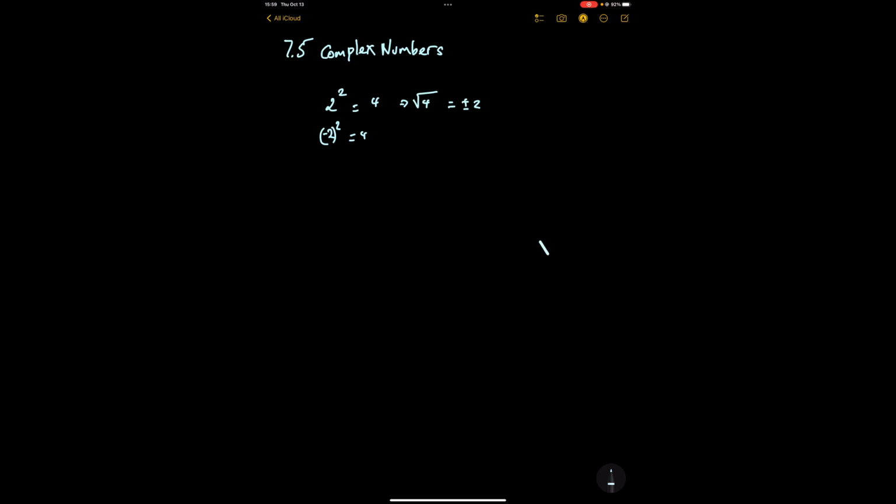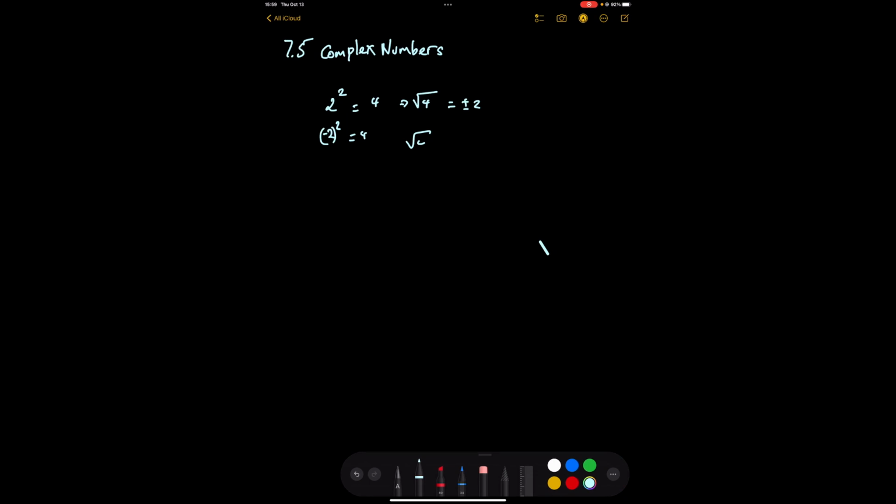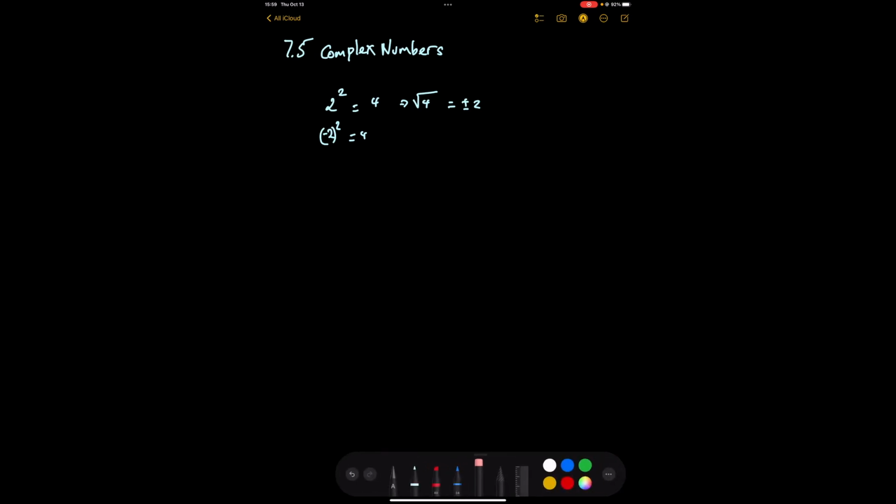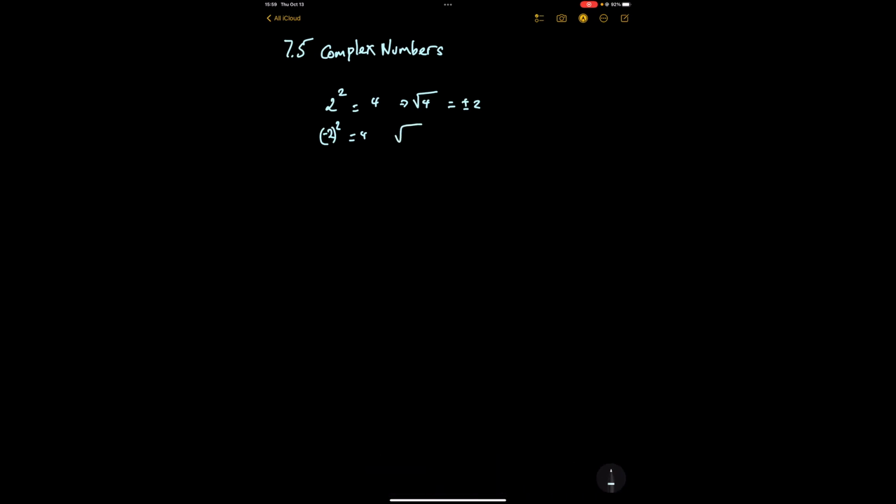But the funny thing is, you cannot take the square root of a negative number. Why? Because that's why it's called square root. When you square 2, you get a positive 4. When you square negative 2, you get a positive 4. So if you square any number, you cannot get negative 4.